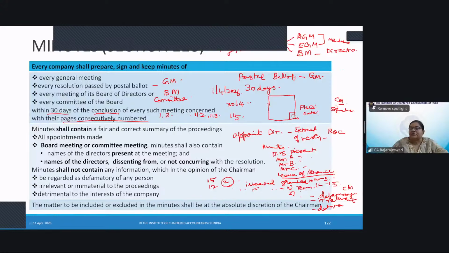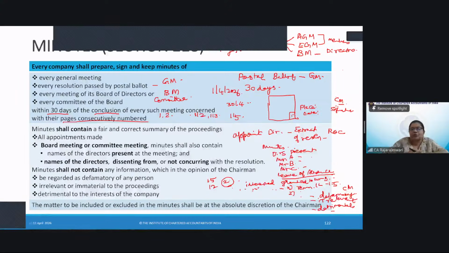Detrimental means it is not in favor of the company, it is against the company. So if it is detrimental to the interest of the company, then those things need not be recorded in the minutes.